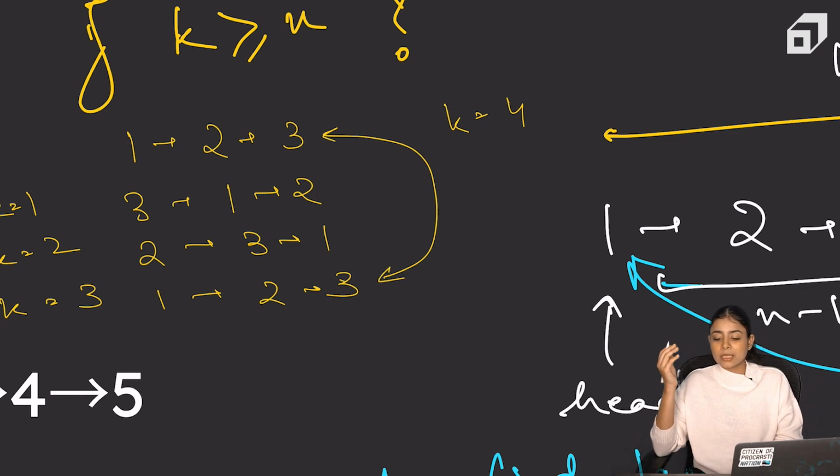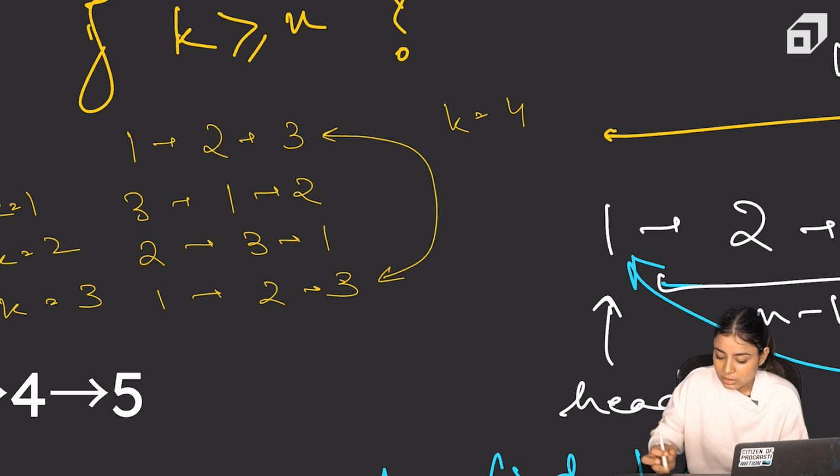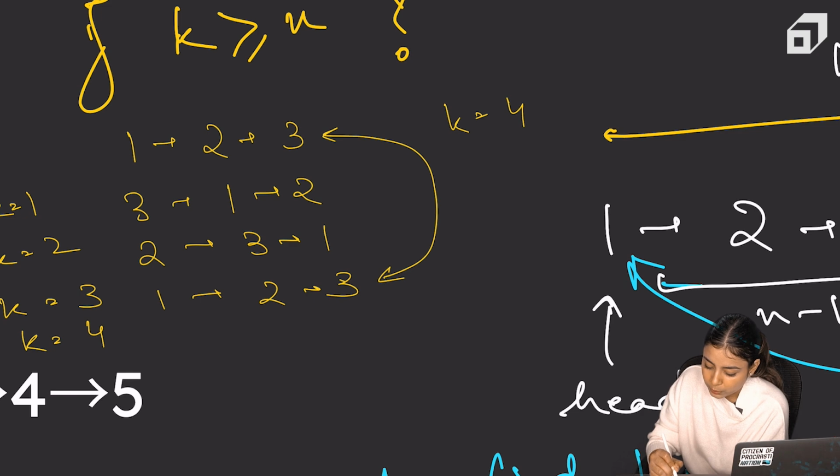So basically, if k is a multiple of n, then after rotating, the linked list will look the same. And if k is more than n, for k equal to 4, what will happen?